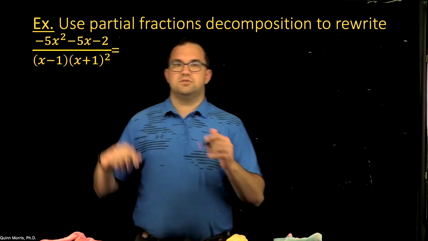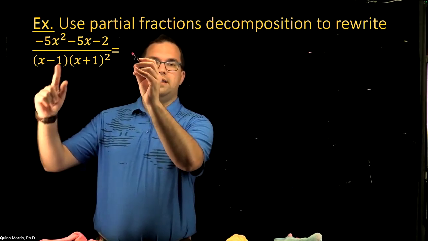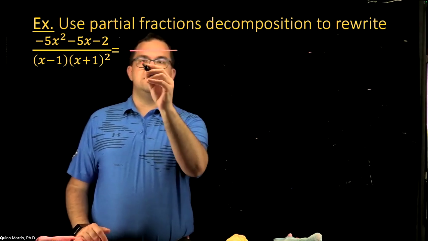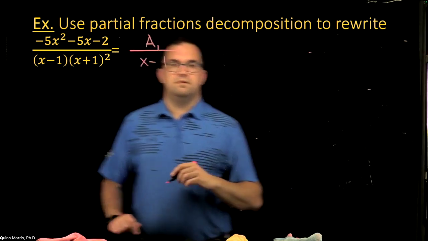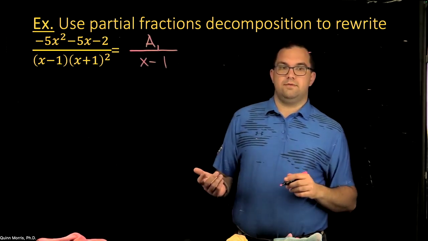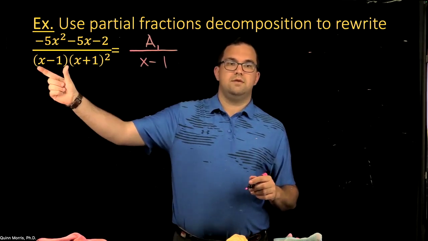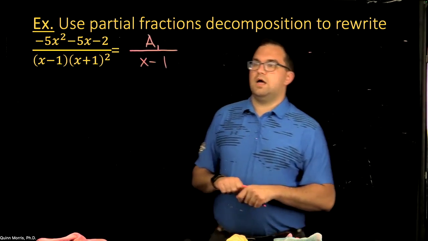So I'm going to start setting this up. Because of the x minus 1 to the first power, some part of this just needs to be some constant over x minus 1.